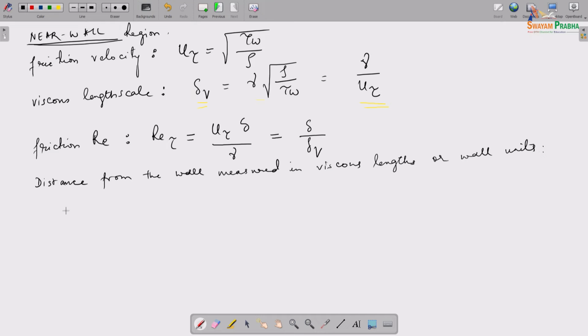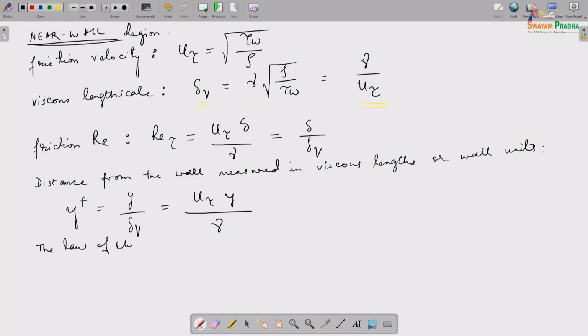So, which is that equal to, and that again is equal to u tau into y by nu, that's also equal to the same. So, this is distance from the wall measured in viscous length or wall unit. So, I call that y plus.